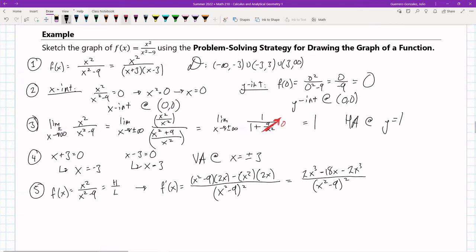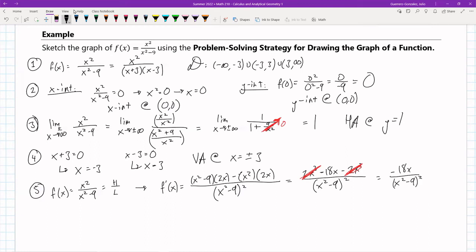Okay. This is a positive, this one's a negative. So this is what our derivative reduces down to: negative 18x over x squared minus 9 quantity squared.